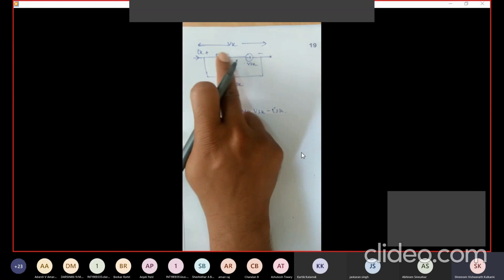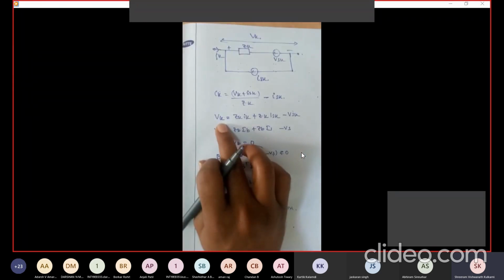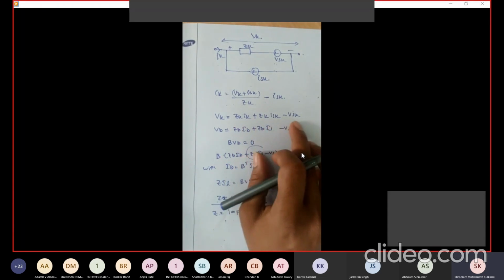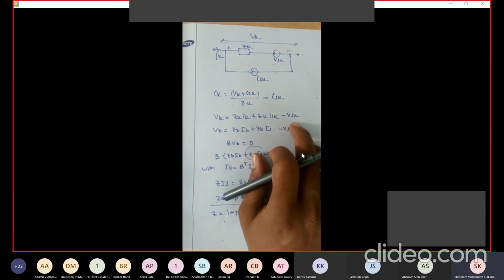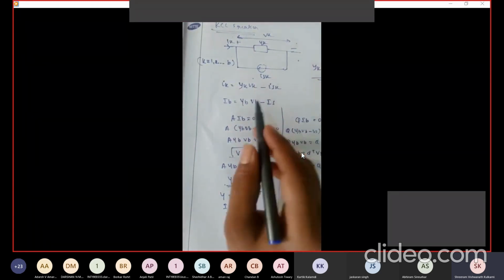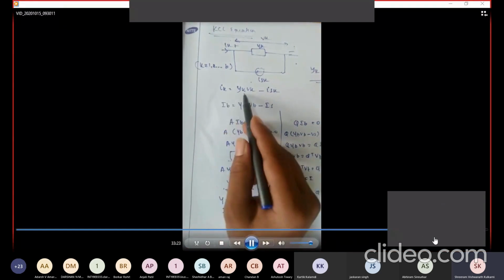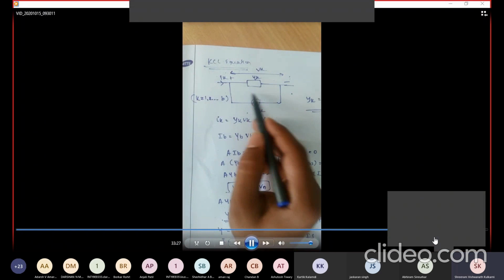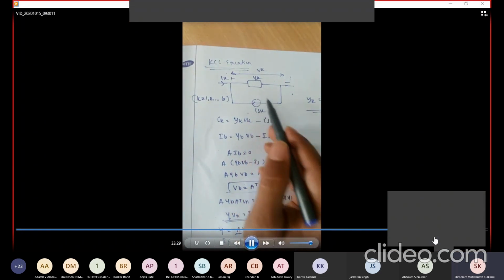If the voltage source is not there, then yk is given, and my equation will be vk equals zk ik plus zk isk minus vsk. Now, ik equals yk vk minus isk, where only one impedance and one current source is there.